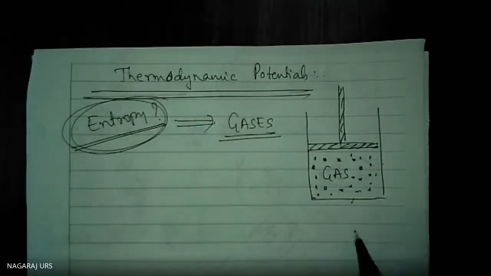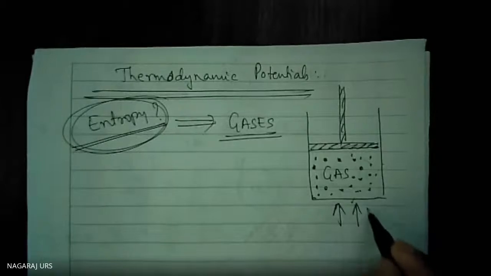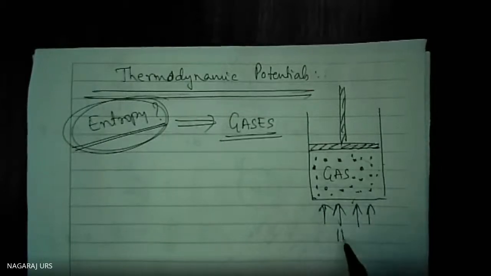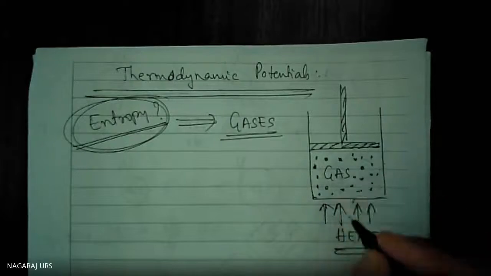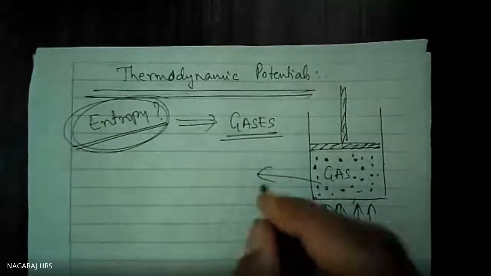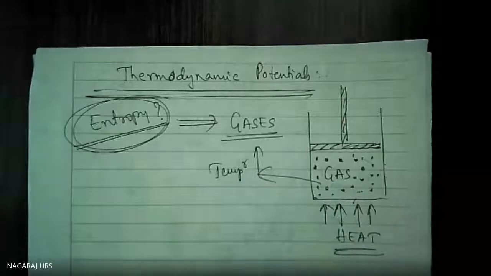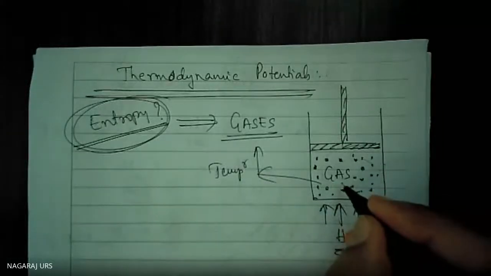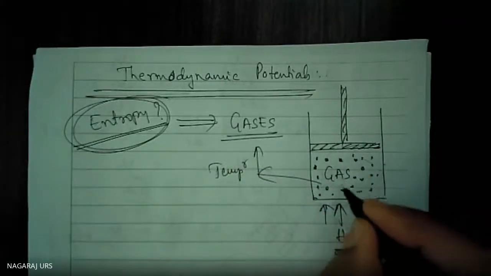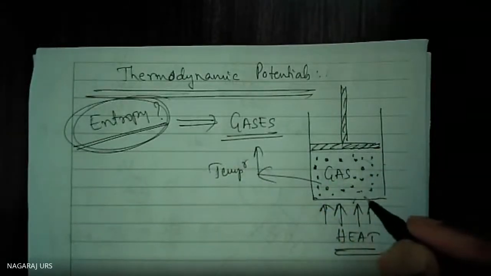Clear? As you are giving more and more heat energy here, I can say the temperature goes on increasing. As the temperature goes on increasing, the movement of these particles also goes on increasing.